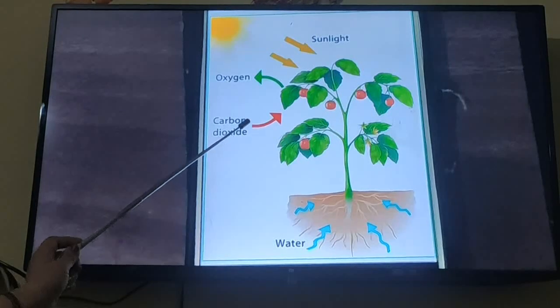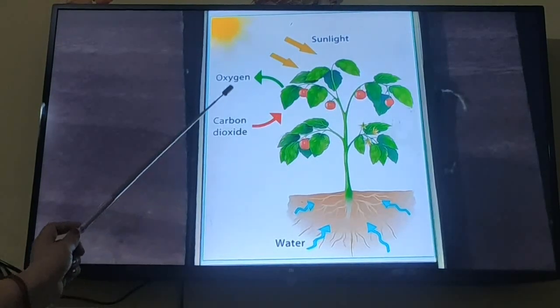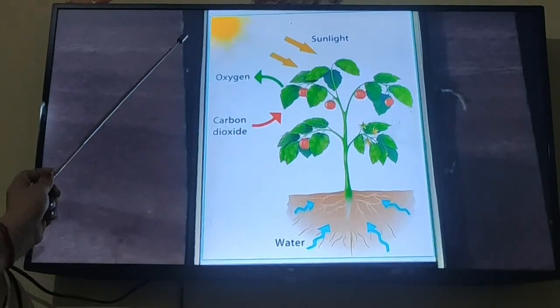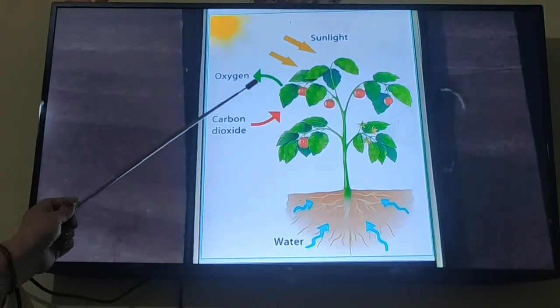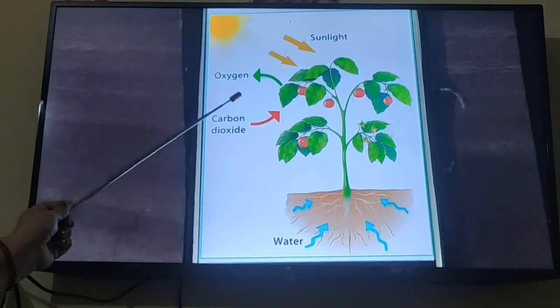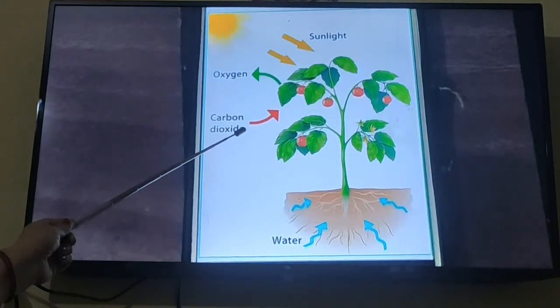So now water has reached there, carbon dioxide is absorbed by the stomata, and the sunlight is falling on the plant. What is the role of the sunlight? It gives the energy to prepare the food.